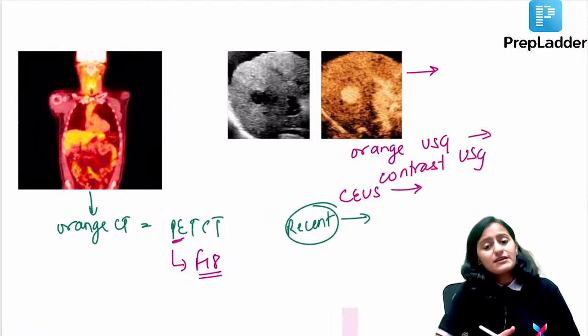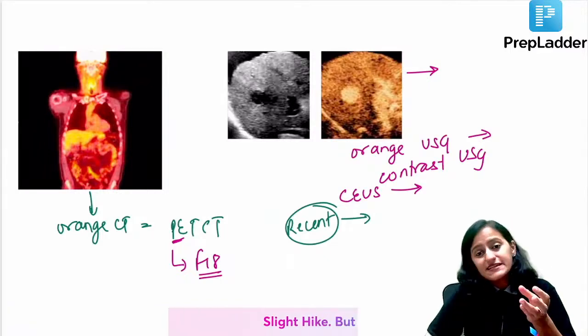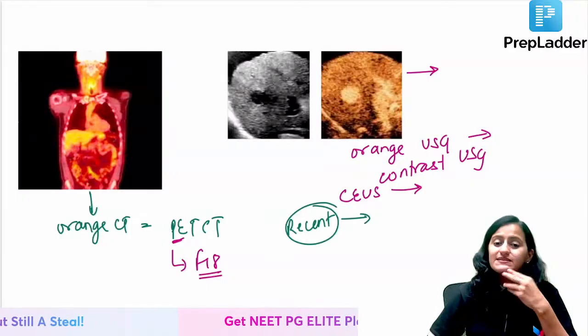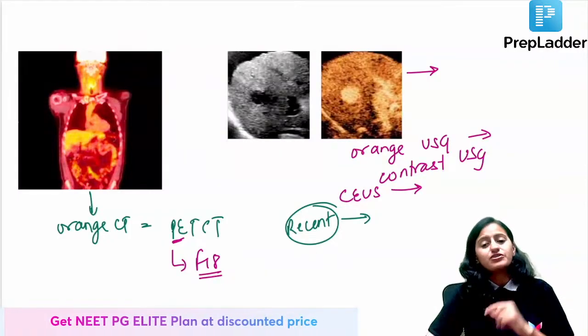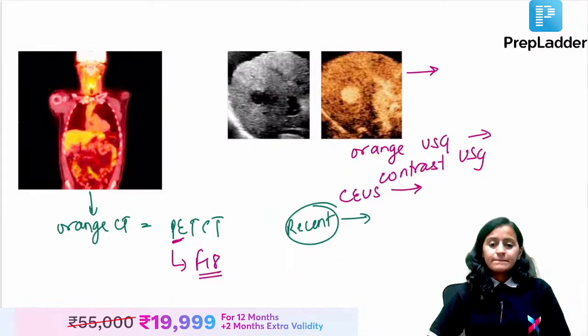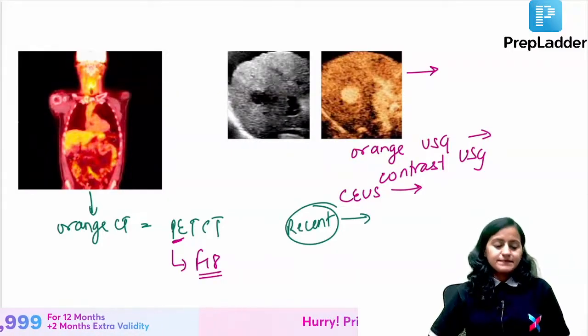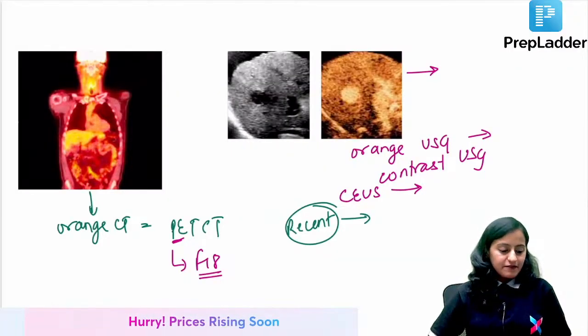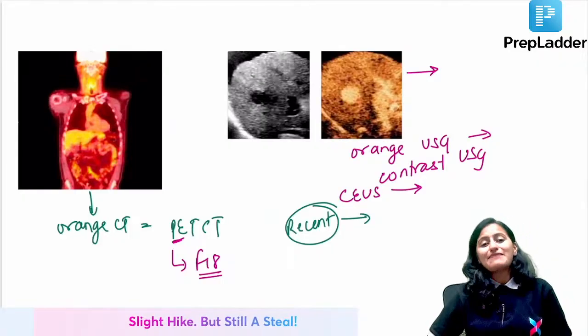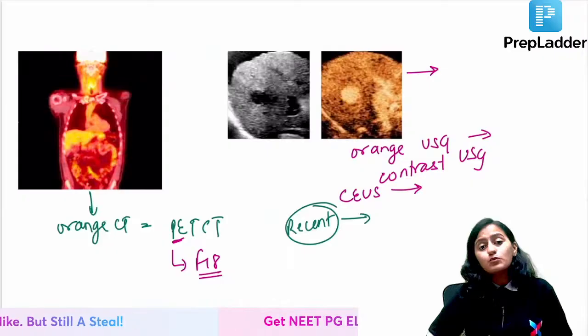What is the advantage of ultrasound contrast over CT contrast and MRI contrast? Recent exam question. Very good, Deepak. Correct. It is correct, Yash. It can be given in renal failure also. Why?